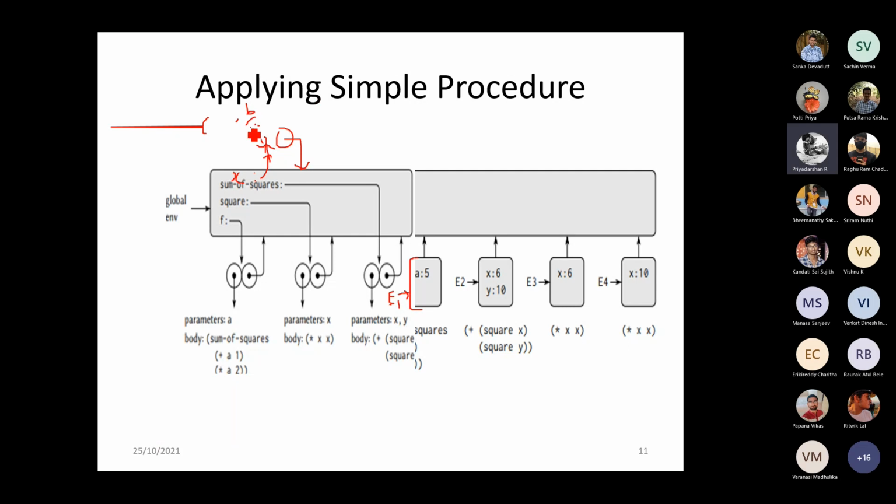We have A and the body, and as the body of this procedure, sum of squares is getting called with A plus 2 and A multiplied by 2. The body is not important, ma'am. The parameter is the same, right?